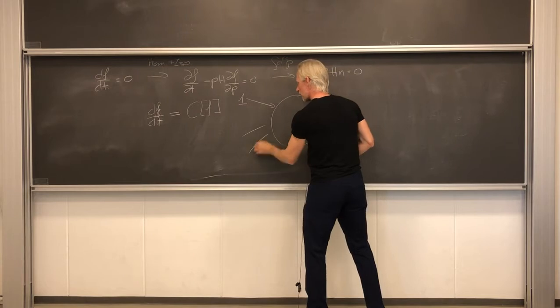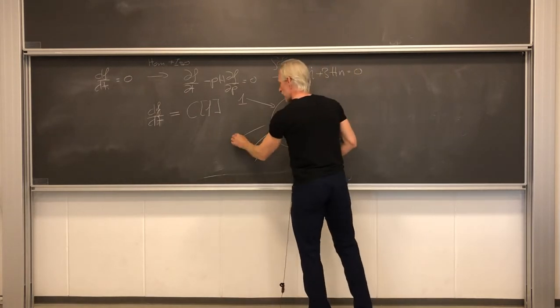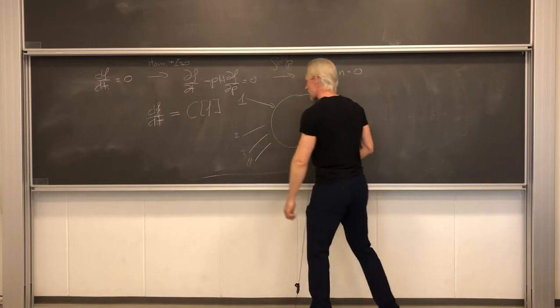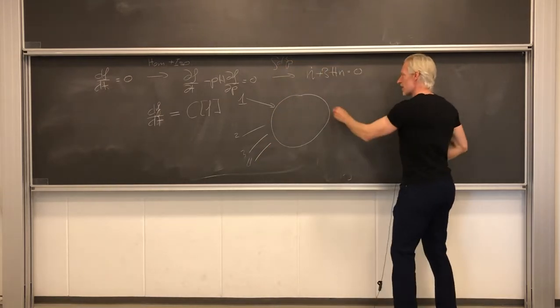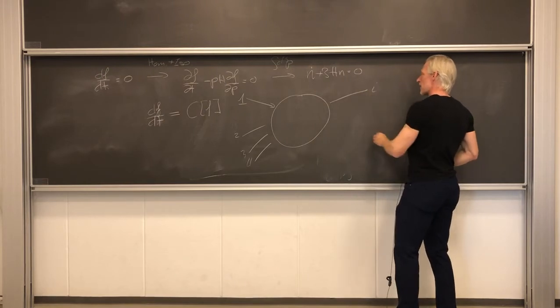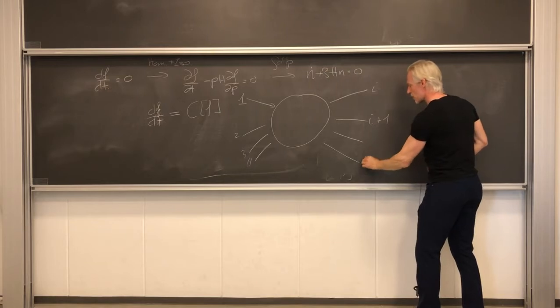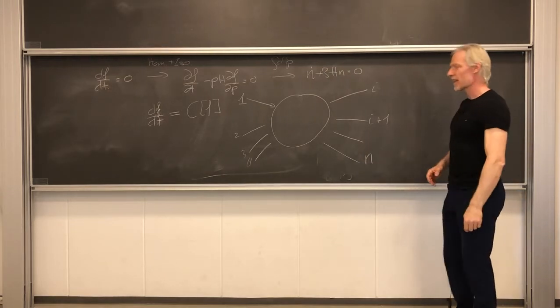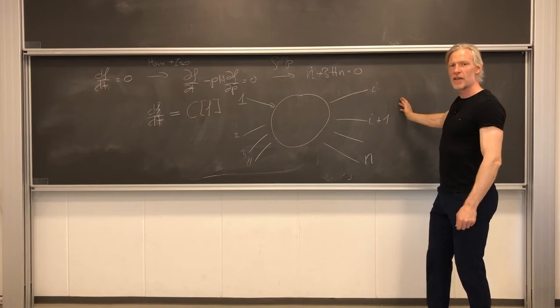And then other stuff goes in as well. We can call these possible other particles 2, 3, 4, and so on. Then stuff comes out on the other side. And let's call this particle I, and then I plus 1 up to n, for example, right? So there can be many particles in the in state. There can be many particles in the out state.